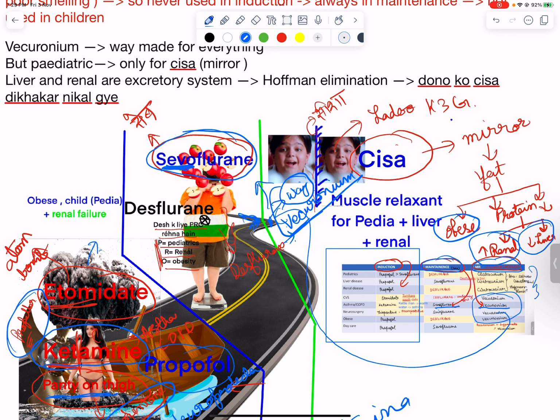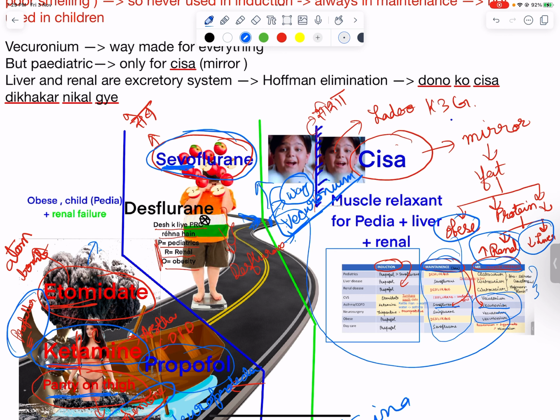Therefore this child is a pro, having an Indian flag printed on his t-shirt. So it is showing that he is there for the desh like a pro. So maintenance is also covered. Pro represents pediatric, renal, obesity, in which desflurane is being used.